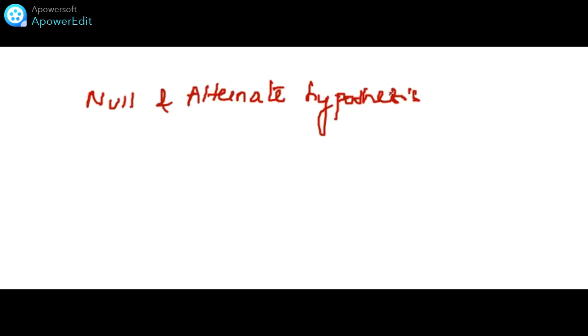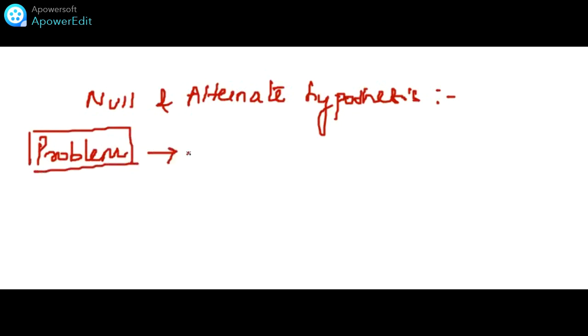If I go deeper, how do we start? What are the steps? First is the problem: what is the problem in the question? Second, state the null or alternate hypothesis.